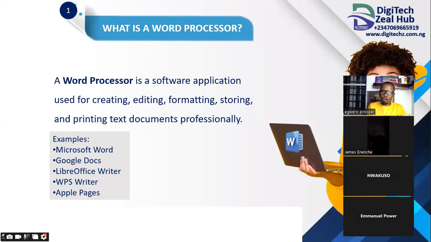So Microsoft Word comes under which umbrella? So from here, you can see that Microsoft Word is an EDP tool. Microsoft Word is an example of a software or an application used for electronic word processing. Google Docs.